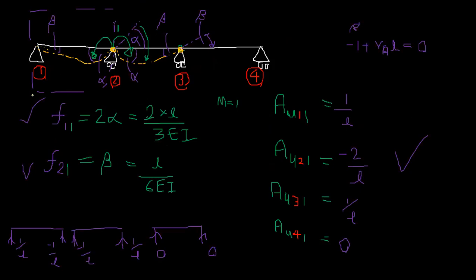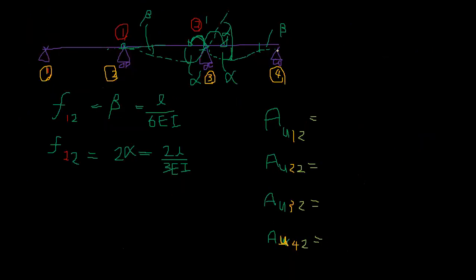If you have a moment like this here, it's going to be a moment here, so exactly flipped. Here it's going to be 0, you have nothing. Here it's going to be 1 over L, here minus 2 over L, here 1 over L. If you want, you can just separate and see.